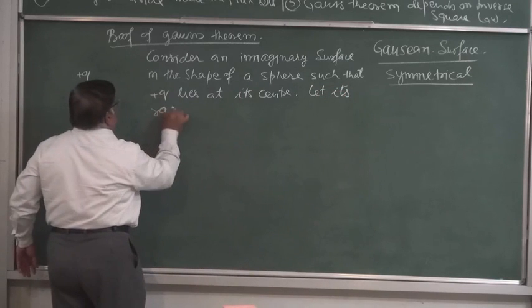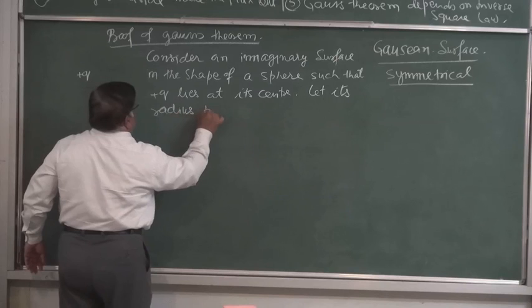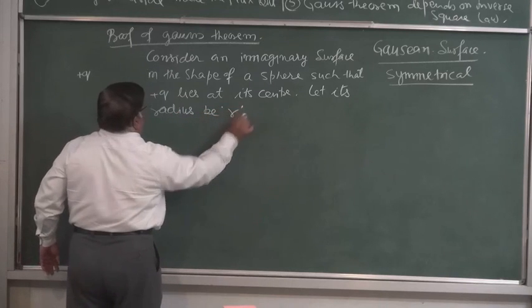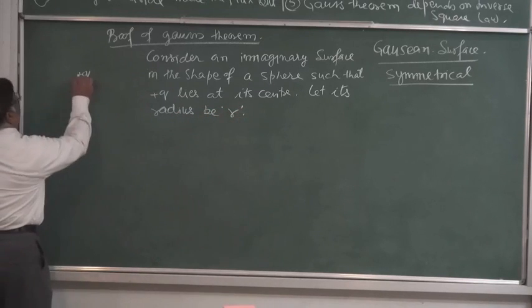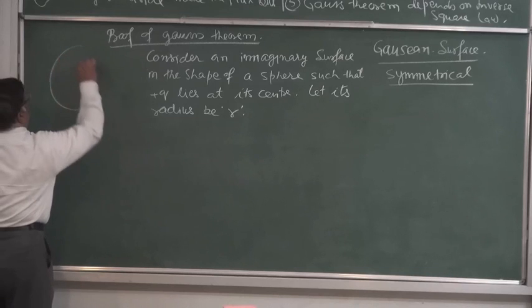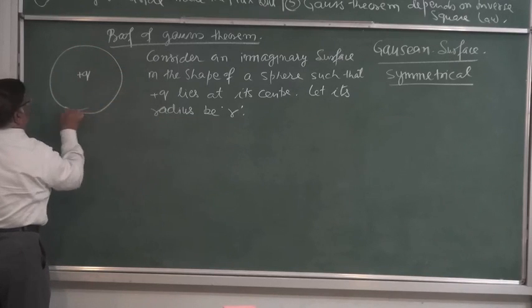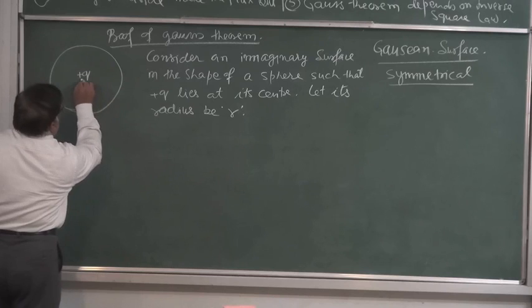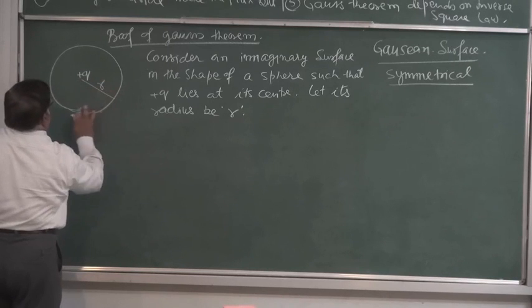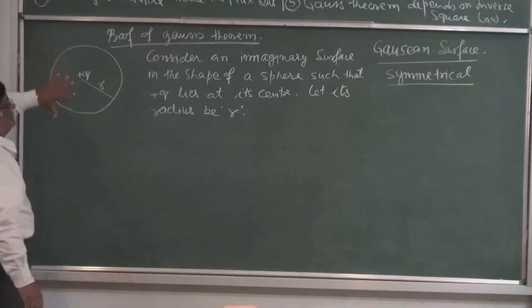Let its radius be r. Okay, so here we imagine one sphere with the radius r. This is a sphere.